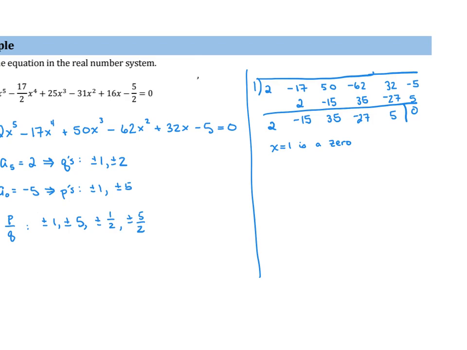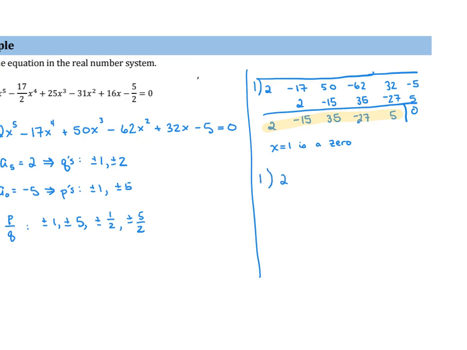So now what this means is that we can go ahead and focus on 2, negative 15, 35, negative 27, and 5. So if it is a solution once, it might be a solution twice. That 0 might have multiplicity. So let's check 1 again.